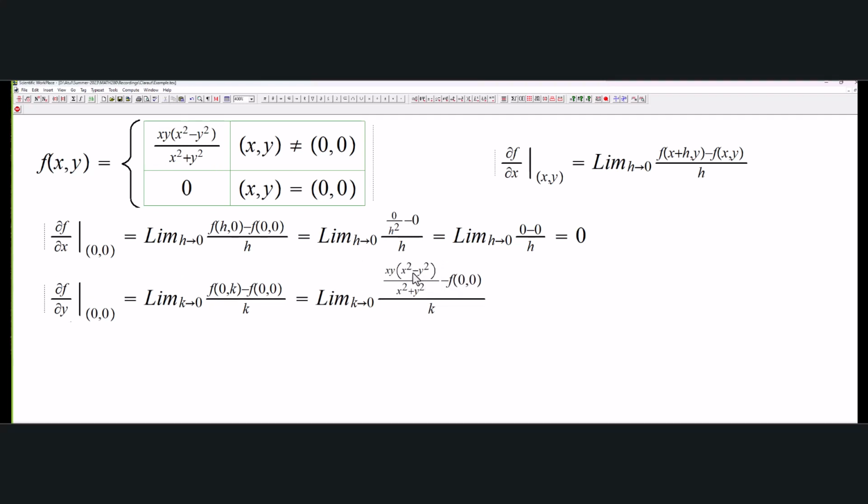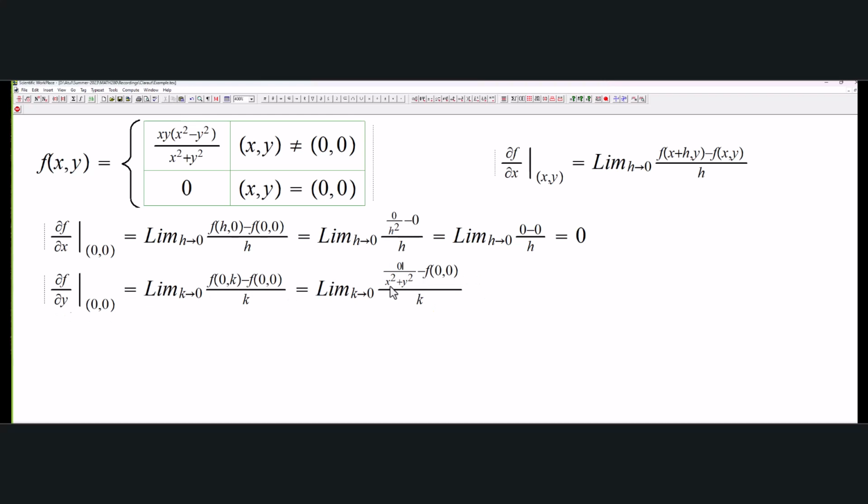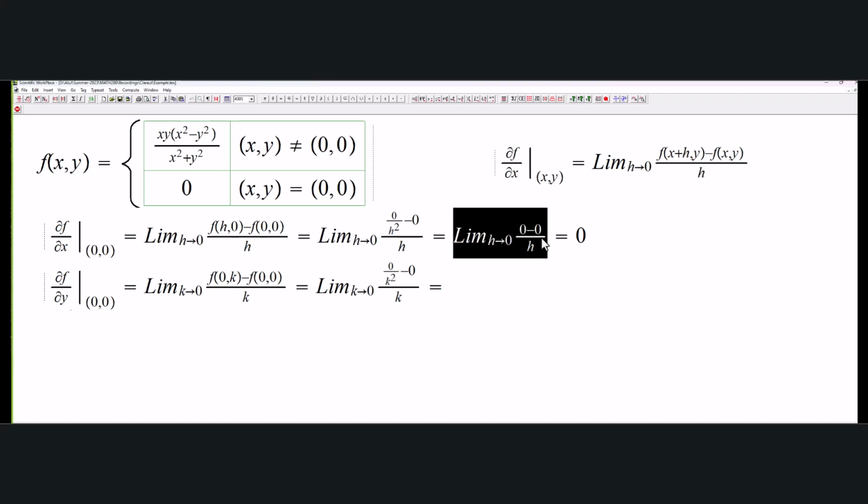So what happens now? Since x is 0, this whole thing is 0, and this is k squared, and this part is 0, and that again becomes exactly what we had before.